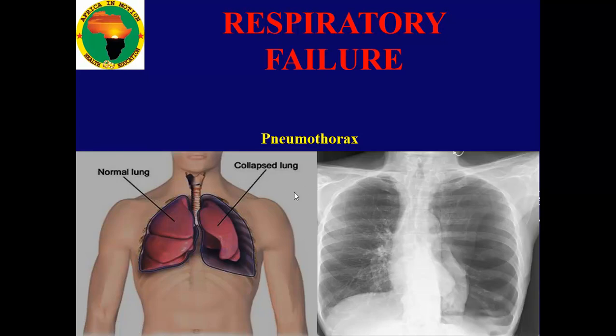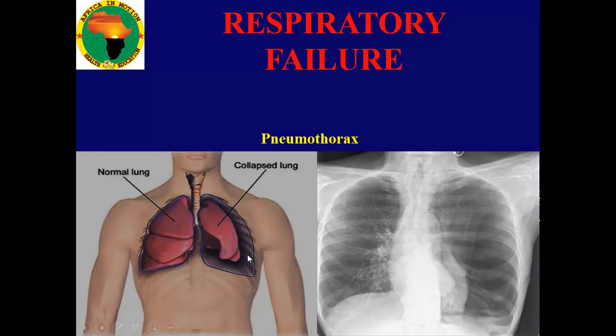Pneumothorax. Pneumothorax can be traumatic or secondary to a disease that can perforate the lung, and the air will pass through the lung, then enter the pleural space in this area. Or a trauma, an injury coming from outside, penetrates through the ribs.